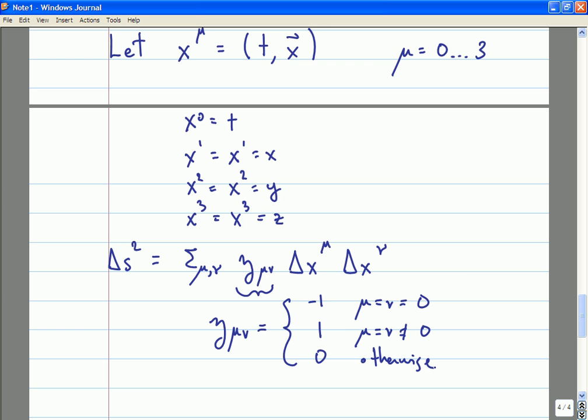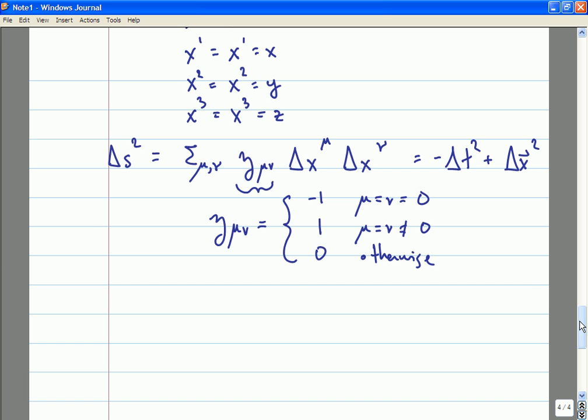So then if you stare at that for a minute, you'll see that this, of course, is exactly the same as minus delta t squared plus delta x squared. And eta mu nu is just the 4x4 matrix with components that are non-zero only along the diagonal and are given by minus 1 in the time direction and 1 in the other three directions.